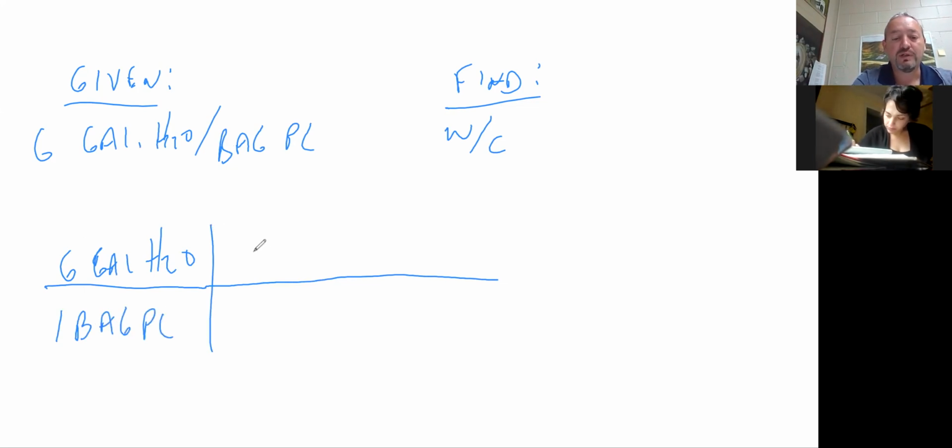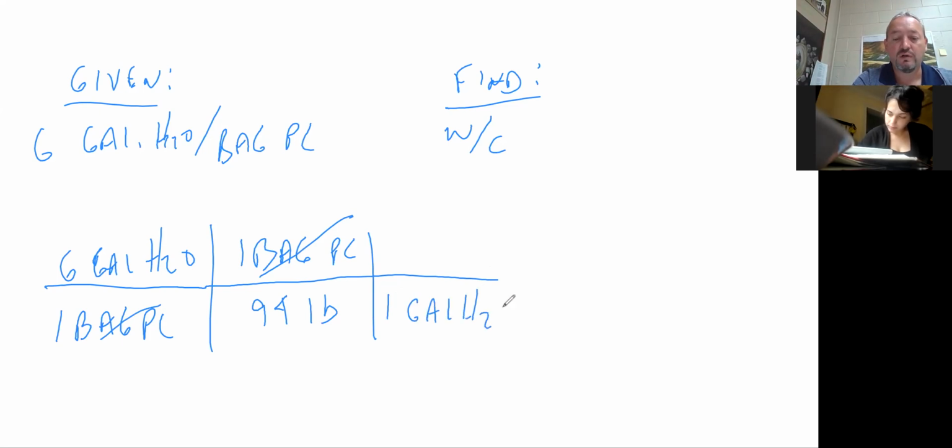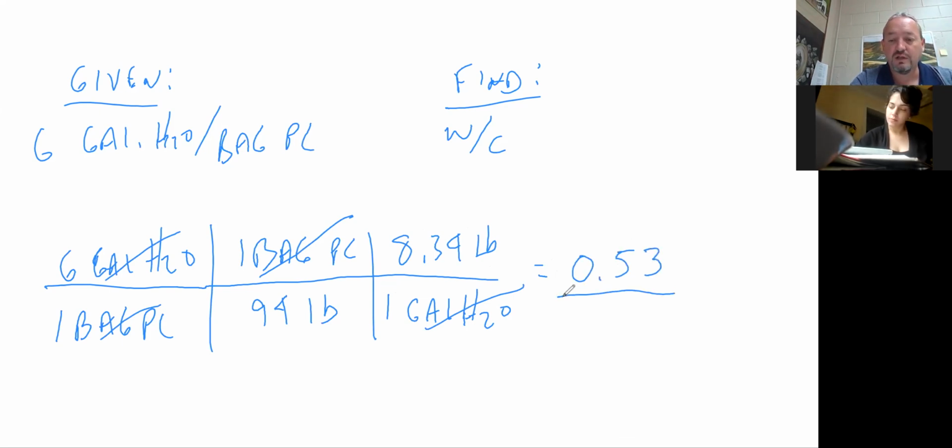Now, we want to be able to cancel, so we say 1 bag of Portland cement is 94 pounds, so that cancels that, and 1 gallon of water, H2O, is 8.34 pounds. So this one is just going to be 6 times 8.34 divided by 94. That's a water cement ratio of 0.53. That's the answer.